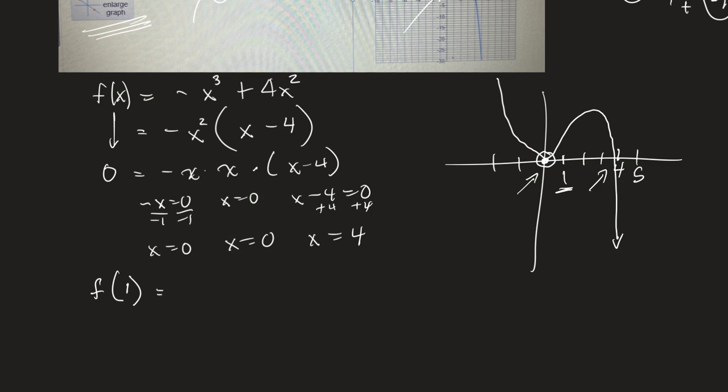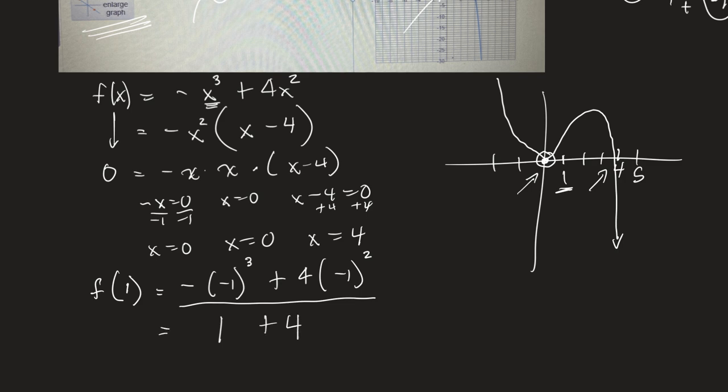So f of 1 then is minus, and I plug in a 1 wherever I see an x, so negative 1 cubed plus 4 times 1 squared. You could just plug all this into decimals and it'll tell the answer. Negative 1 cubed is negative 1 times negative 1 is positive 1. 1 squared is 1 times 4 would be 4.